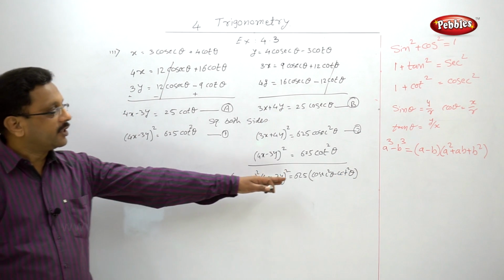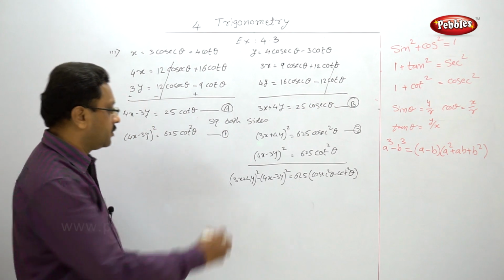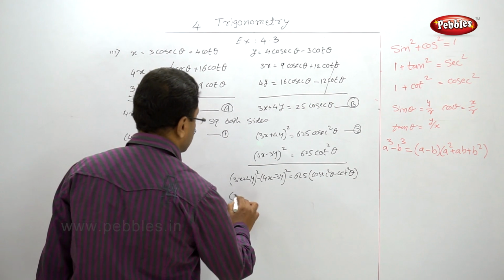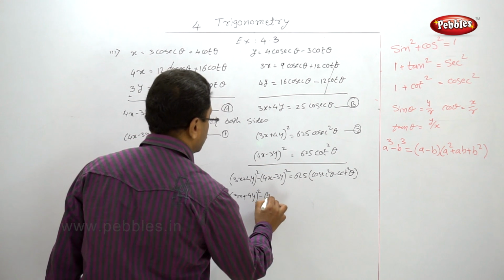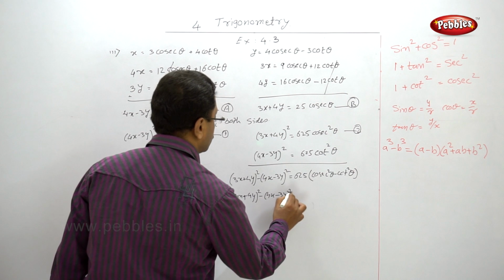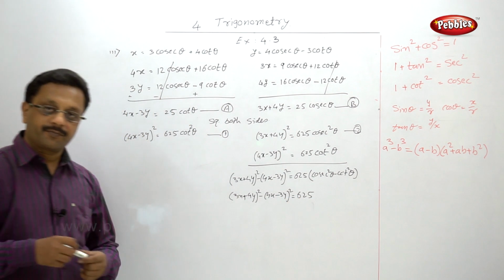Now cosec square theta minus cot square theta equal to 1. So here the final answer is (3x plus 4y) square minus (4x minus 3y) square is equal to 625.